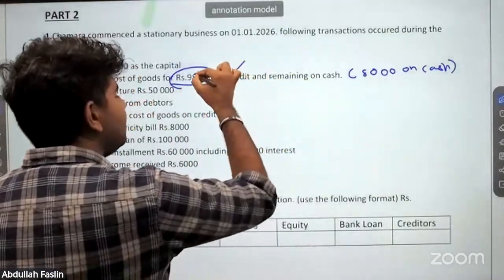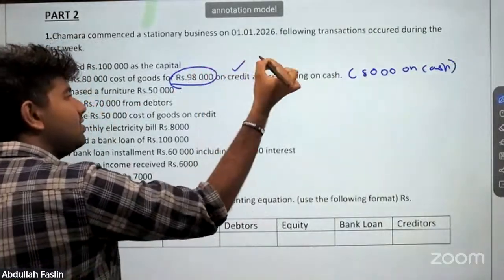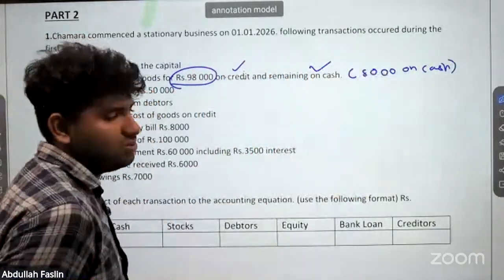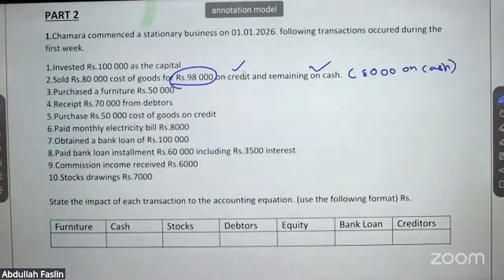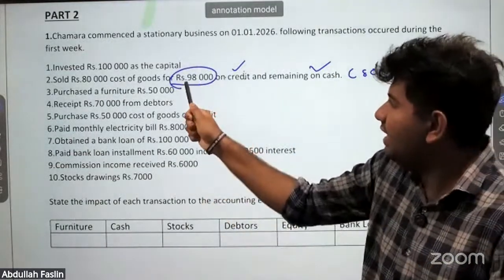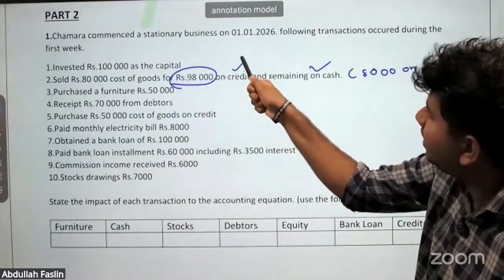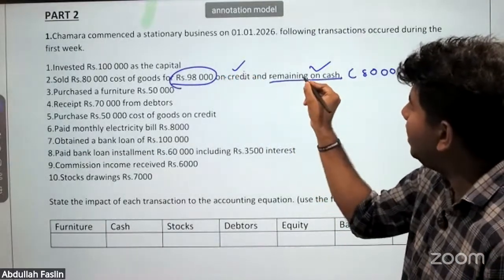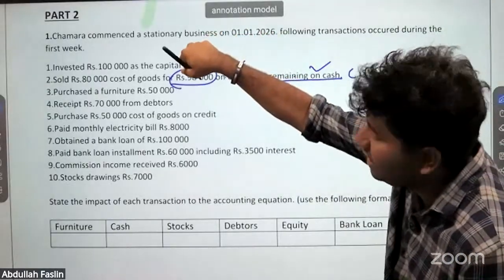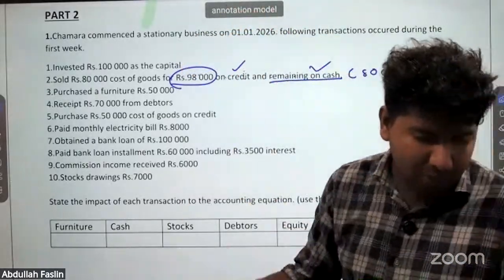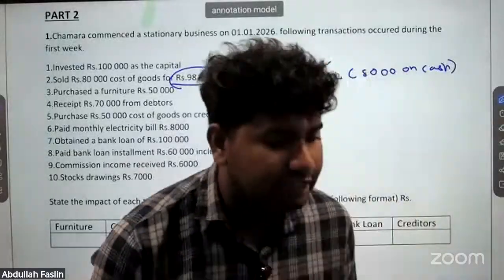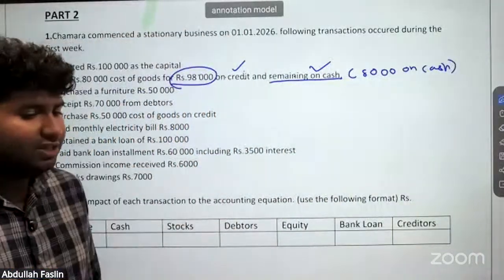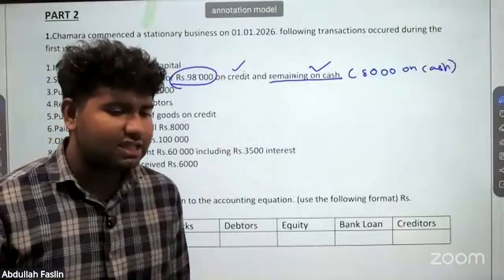That means you have done this 98,000. Inside this 98,000, credit is also there, cash is also there. That is the total, 98 is the total. Remaining on cash means you have to understand that inside this, you have credit as well as cash sales. Am I clear, Kidash? Now is it okay? I think you understood it as 98,000 as credit.